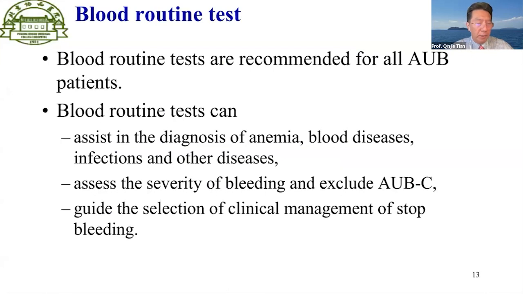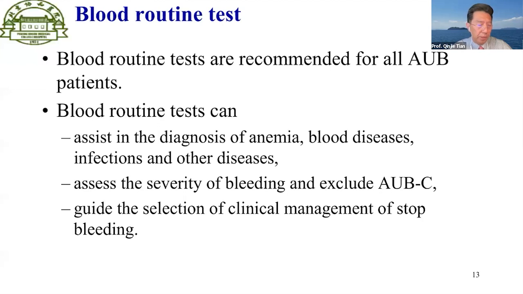The blood routine test. It is advisable to conduct a blood routine test as part of the standard protocol for every patient with AUB. The blood routine test serves multiple purposes. It aids in the identification of anemia, hematological disorders, infections, and other underlying medical conditions.